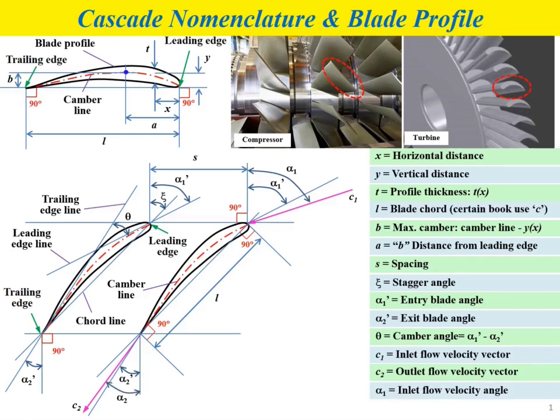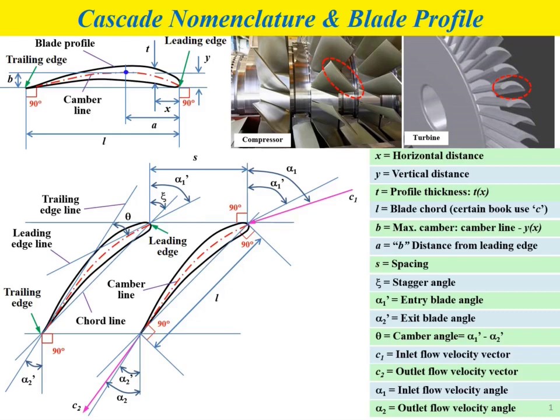At the outlet, the angle between the outlet flow velocity vector and the vertical line at the trailing edge point gives the value of alpha 2, which is the outlet flow velocity angle. So now at this point, you need to know the difference between alpha 1 prime, alpha 2 prime, and alpha 1 and alpha 2.